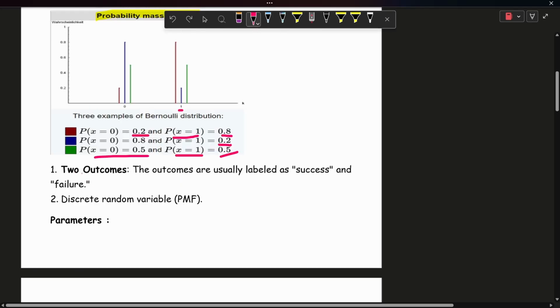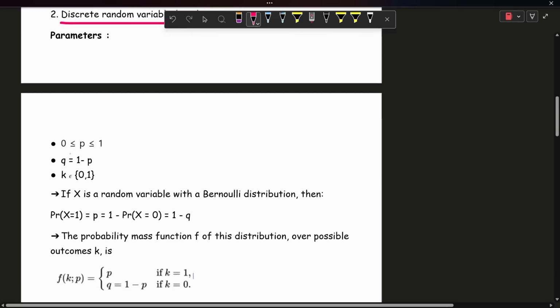So the main points of this Bernoulli distribution are that it has a discrete random variable and uses the probability mass function, and the outcomes will be a success or a failure. There are only two outcomes, and the parameters are p, q. p lies between 0 and 1, and q is 1 minus p, and k is the outcome, success or failure, 0 comma 1.